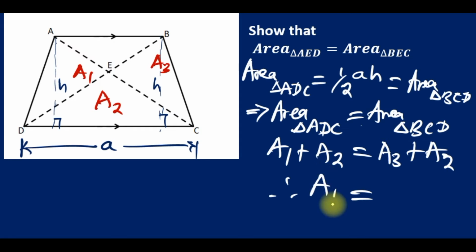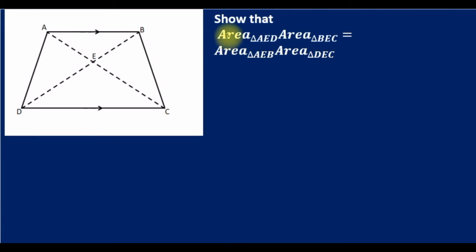Therefore, A1 must be equal to A3, which is what we are asked to prove. A1 is the area of triangle AED, while A3 is the area of triangle BEC. We are asked to show that the area of triangle AED times the area of triangle BEC equals the area of triangle AEB times the area of triangle DEC.